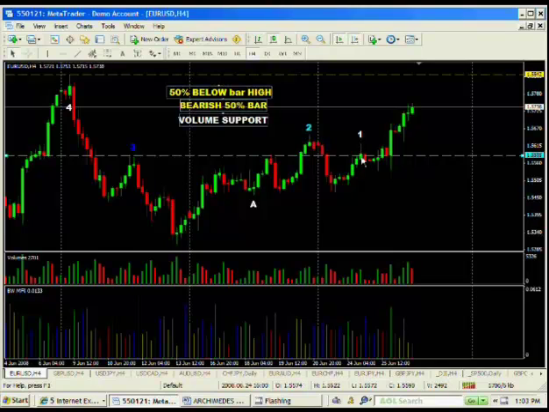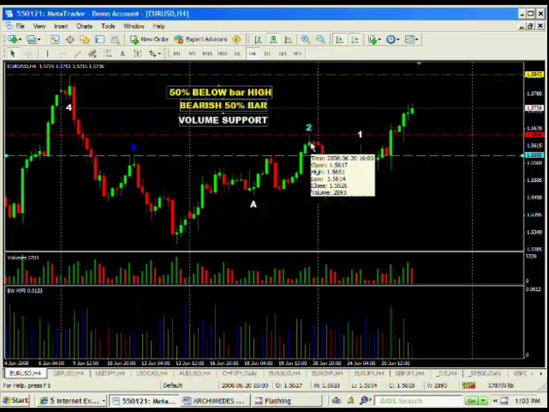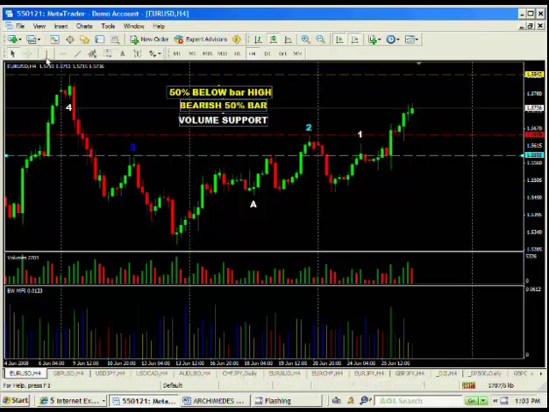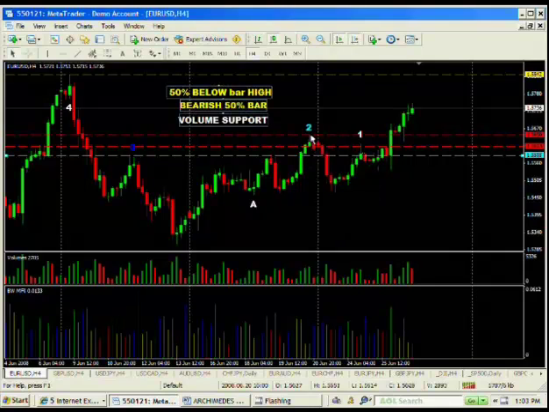For instance, take this bar number 1, which will be our next resistance level. Remember, we take the low and high range of the high bar on the way up, and that's going to be our resistance zone.